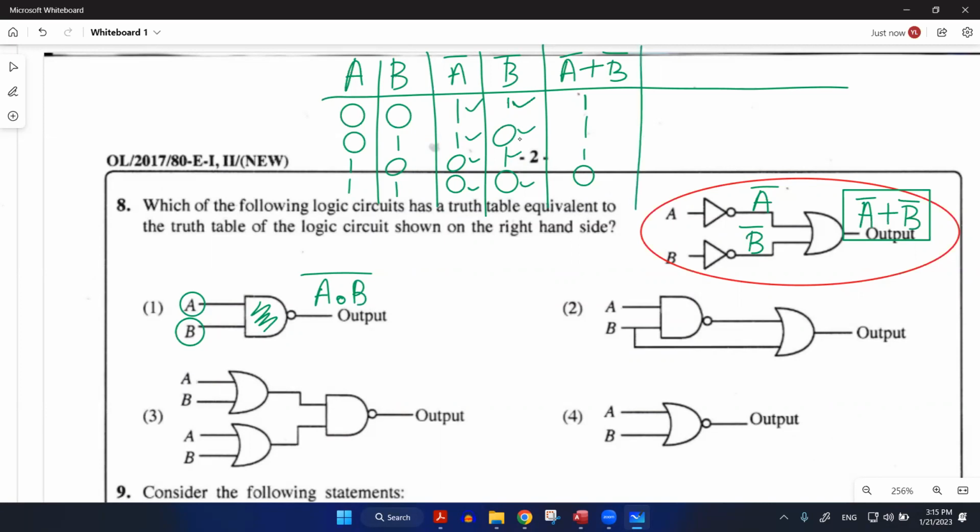Then I can create (A plus B) whole bar in the very same line: add these two and invert. 0 plus 0 is 0, inverted you get 1. 0 plus 1 is 1, inverted you get a 0. 1 plus 0 is 1, inverted you get a 0.